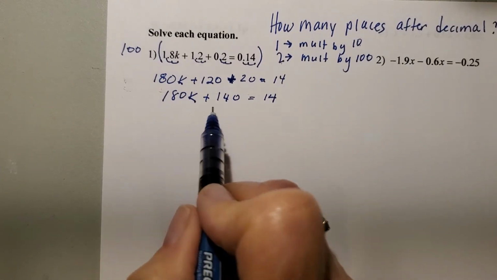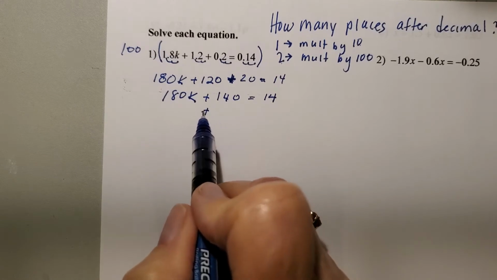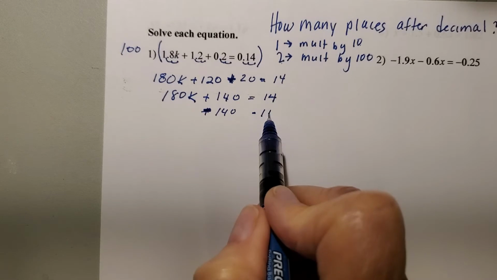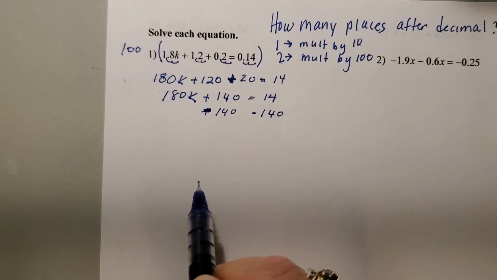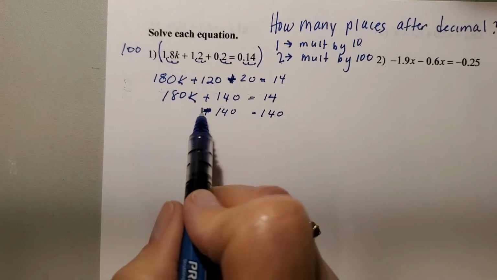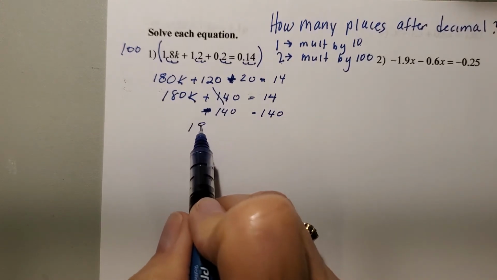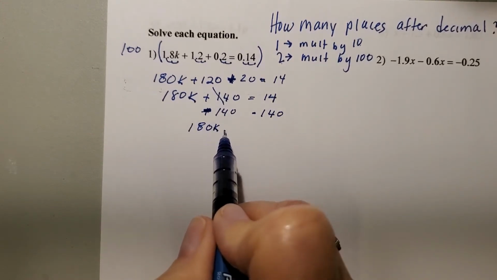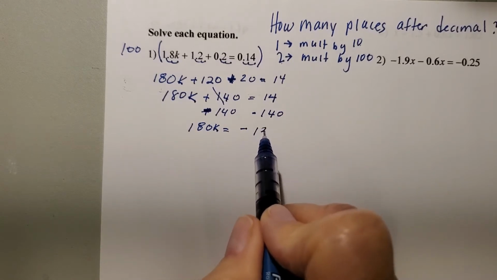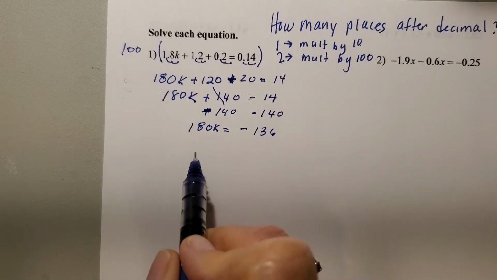Now we need to get the 180K by itself. So we're going to subtract 140 from both sides. These cancel. We get 180K equals negative 136.